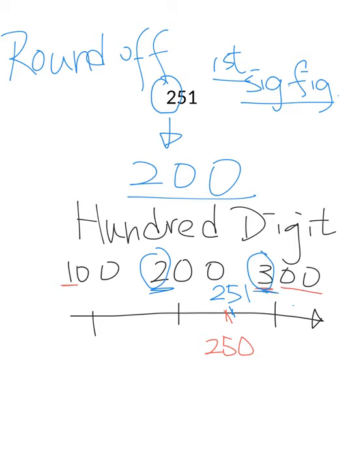We need to choose 3, because 251 is much closer to 300 than to 200 in this case. So if we want to round off 251 to one significant figure, we don't choose 200, but we choose 300 as the number.